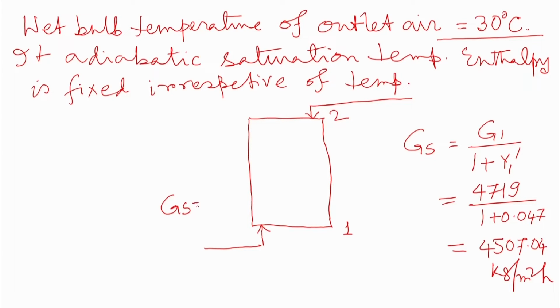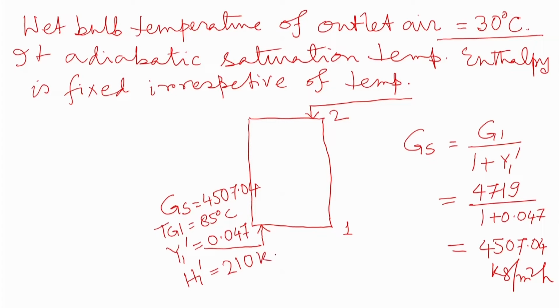So GS is equal to 4507.04, and Tg1 is given as 85 degree Celsius, Y1 prime is obtained as 0.047 kg per kg dry air, and H1 prime, the enthalpy value, is obtained as 210 kilojoule per kg.